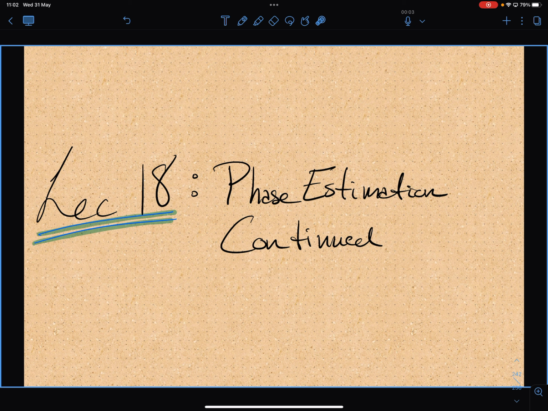So again, we're still in this program of trying to do Shor's algorithm, number factorization. At some point in the lecture we'll go through the strategy again, and one of the ingredients for the factoring algorithm is going to be phase estimation.